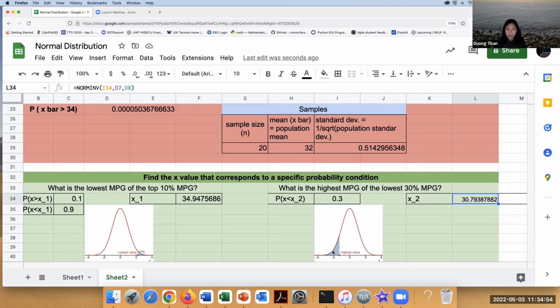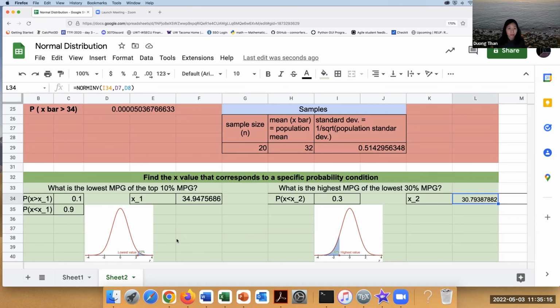You look at here, 30% on the left, and this is the point, the highest value of the lowest 30% performance.